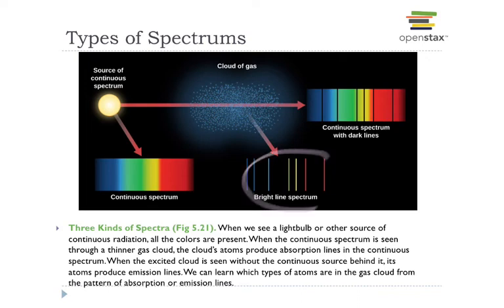Sometimes we see a bright line spectrum where most of the spectrum is missing, except for a few key lights or frequencies, or a continuous spectrum with dark lines, so a dark line spectrum. In this case, we just have a few that are actually missing. And sometimes this is called an absorption spectrum.